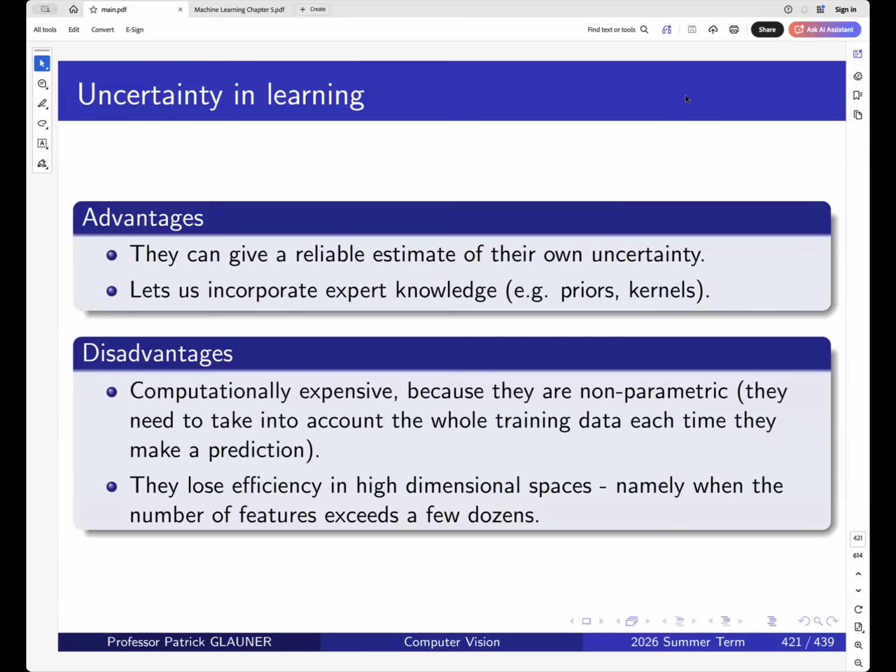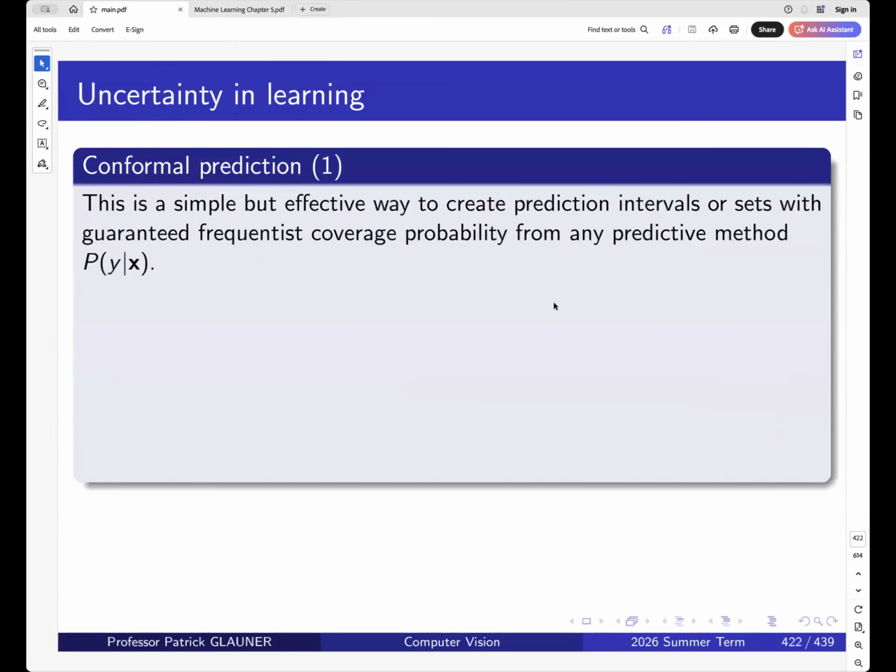There are newer approaches that have become very popular in the last few years, in particular to address the issue of uncertainty in learning. And the one that I'll show you now is called conformal prediction.